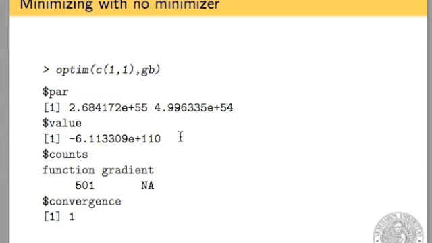And if you look at the value of the function at the minimizer, you see a negative 6 times 10 raised to the power 110. So again, this is a very large negative number approaching minus infinity.